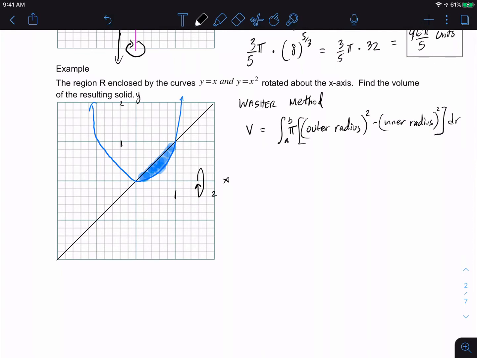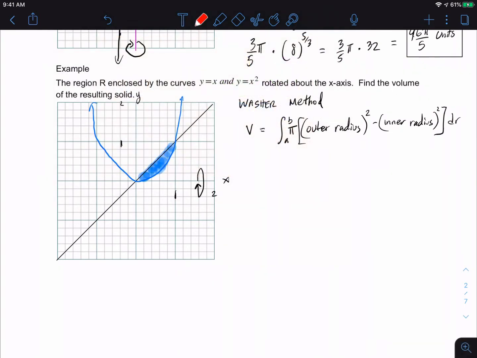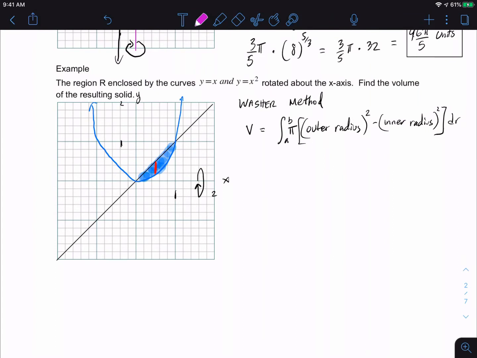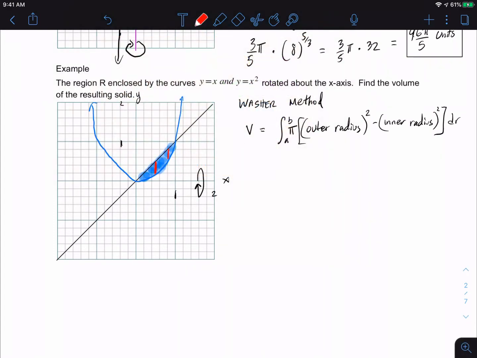Okay, so our cross-sectional slice here, since we're going about the x-axis, both washer and disc are going to have cross-sectional slices perpendicular to the axis of rotation. So that tells me my slice has to be a vertical slice. Okay? And what's really happening here, and I want to stress this to you guys, I'll do it in a further spot so it's more obvious. So if I did it here, the outer radius is going to be that purple part, right?